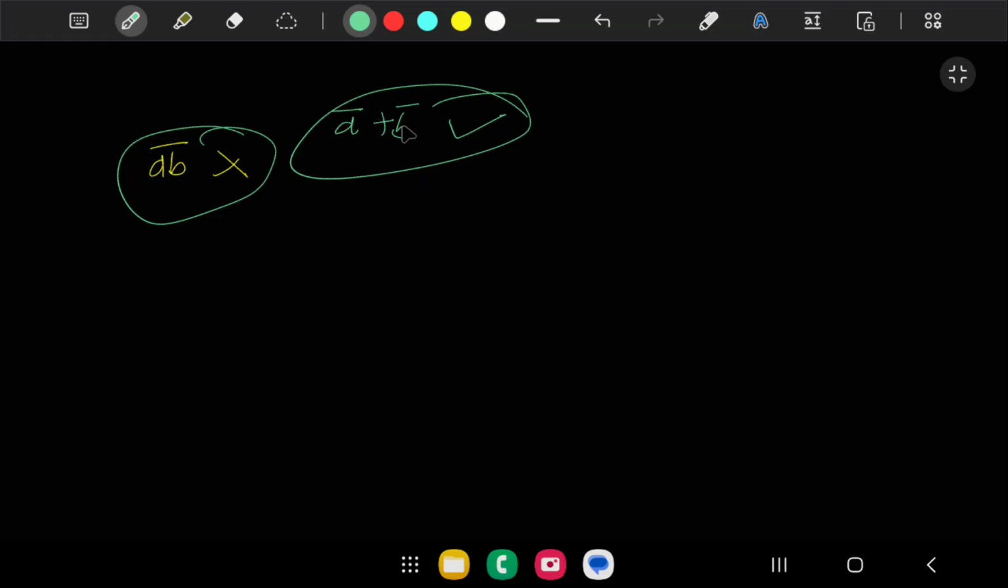But this is a sum term. This is not a sum term, but this is a sum term. This is what I want to tell you. So sum term basically means a single literal or OR of two or more literals.